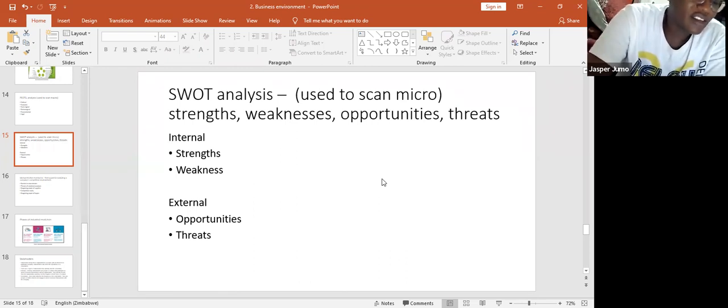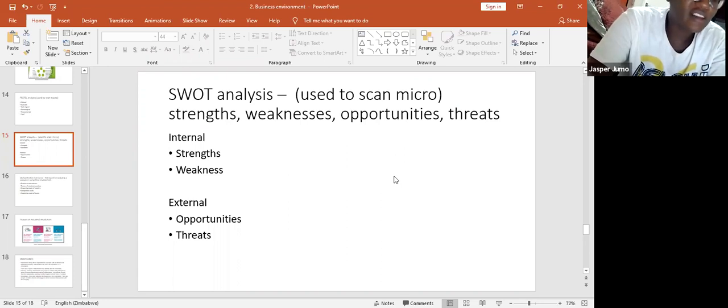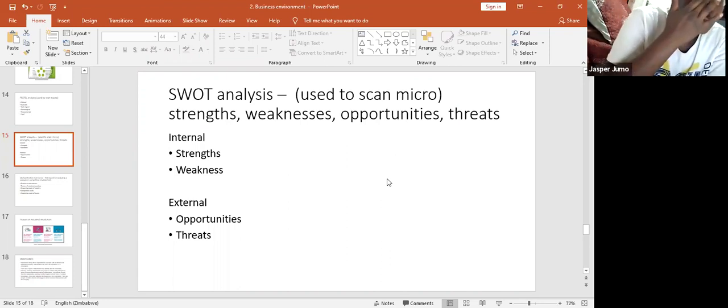So you look at the strengths. What are the strengths that you have as a business? Let's say you have a supermarket somewhere, and you find that your strength is that you always sell fresh products as compared to the other supermarkets within that environment. So that is a strength.